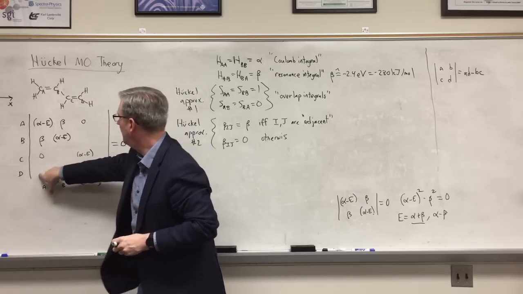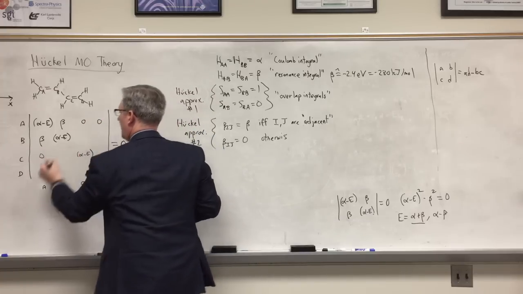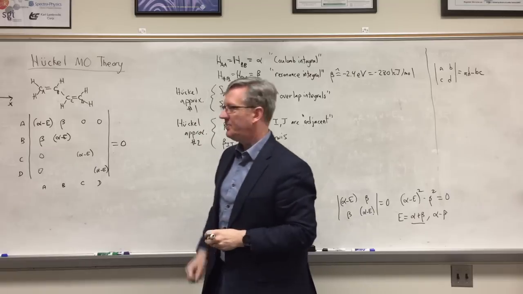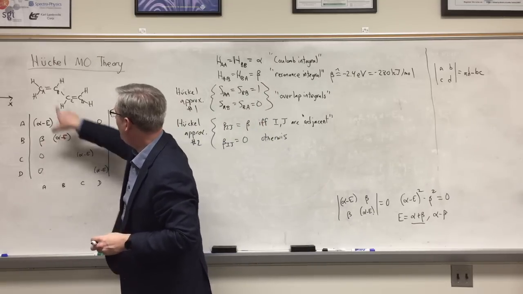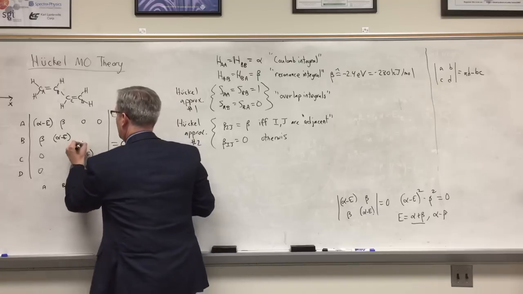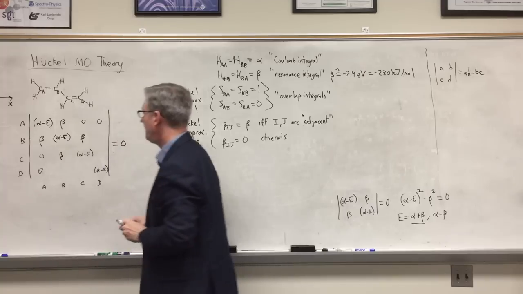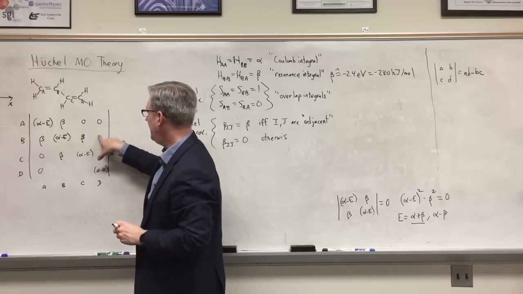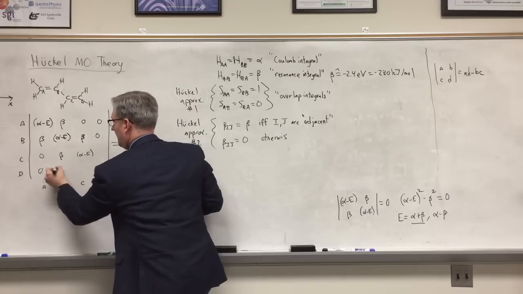AD. A and D are very much not adjacent to each other, therefore I get zeros in the AD and DA positions. For the BC position and CB, they are adjacent. You get a beta. CB, beta. However, BD, B and D are not adjacent. You get a 0.